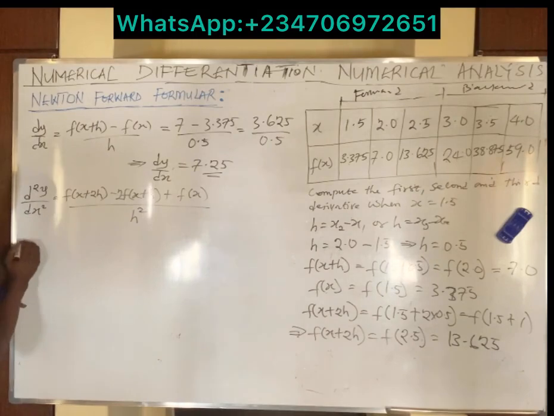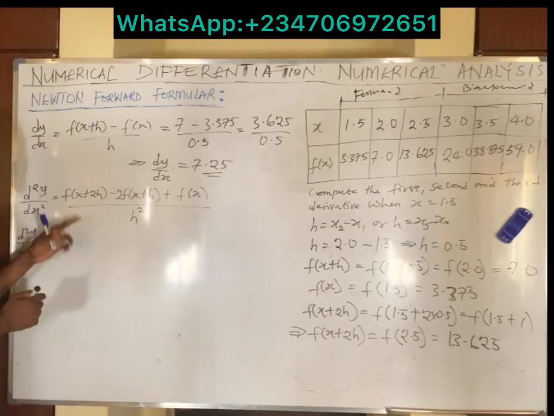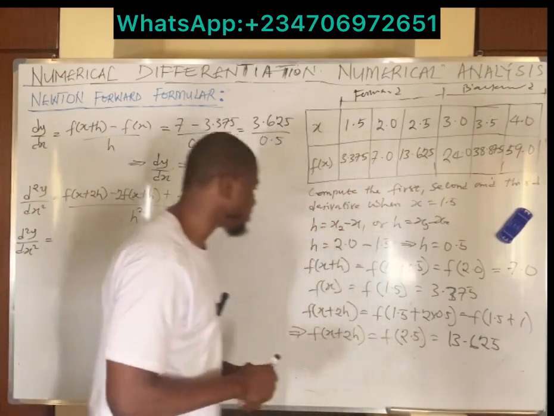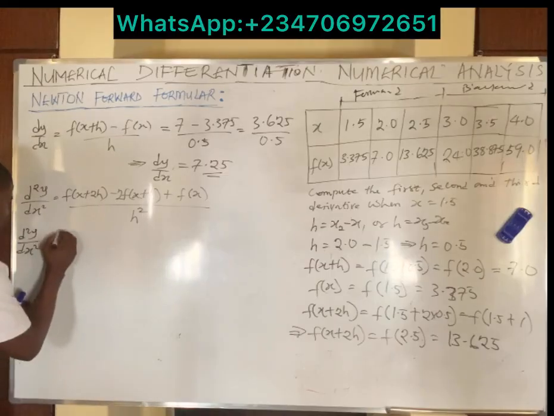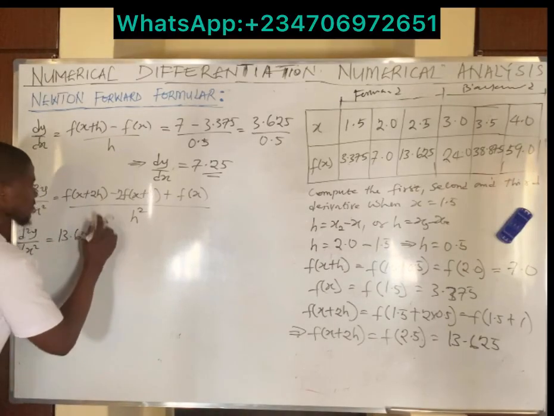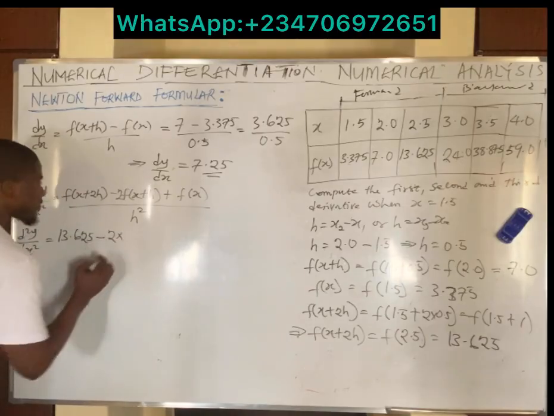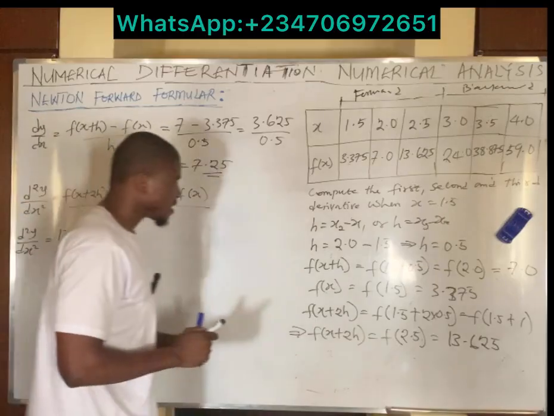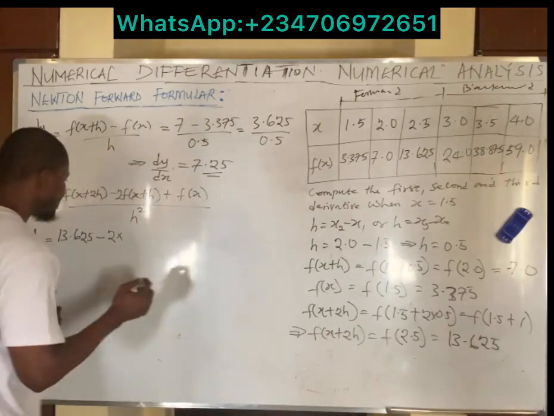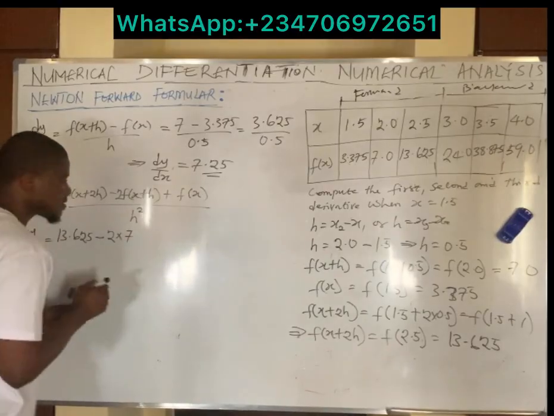Okay, so let's couple everything now into the formula. We can now find that d squared y over dx squared is equal to f(x+2h), and f(x+2h) gave us 13.625, minus 2 times f(x+h), and once again f(x+h) gave us 7, so you can see it here.